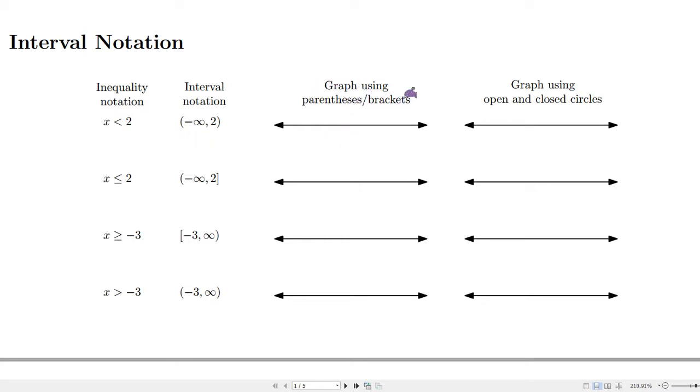And then the graph, we could do this 2 ways actually. We could graph it using parentheses and brackets, following from the interval notation. So if we write 2, then using parentheses, I could put my open parenthesis here, and then we can fill in this part of the graph.